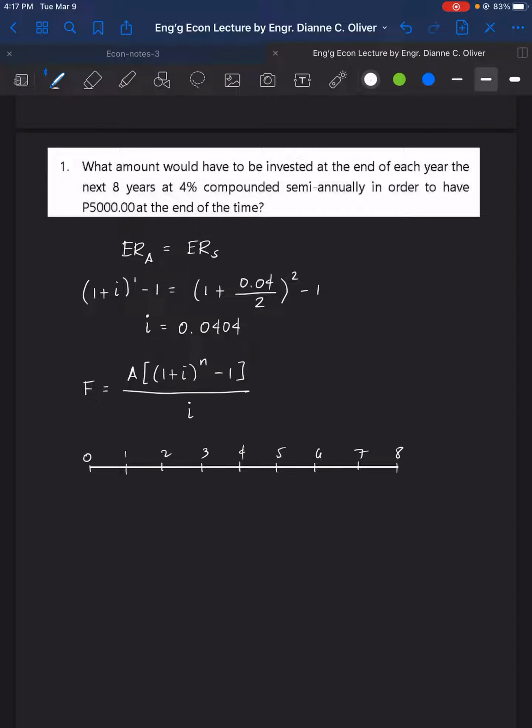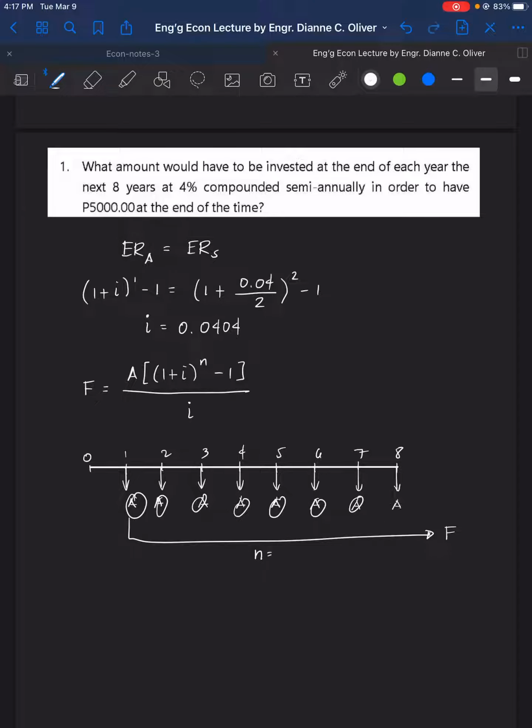In each period, there is a payment of A. We are being asked to find the future worth of all of this, and the number of payments is 1, 2, 3, 4, 5, 6, 7, 8. There are 8 payments.